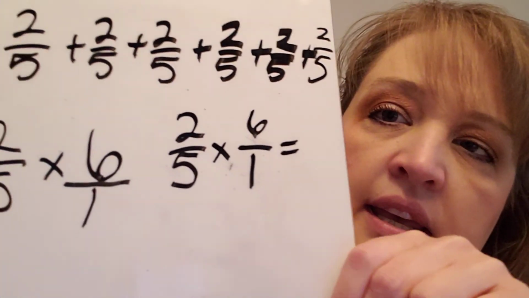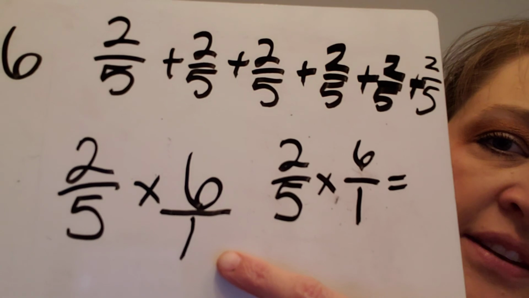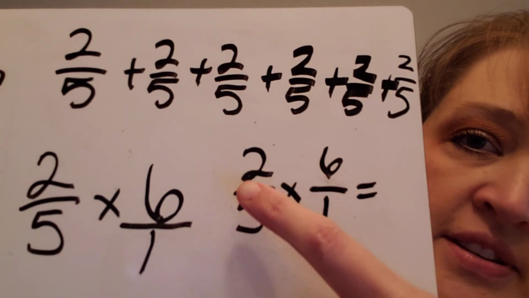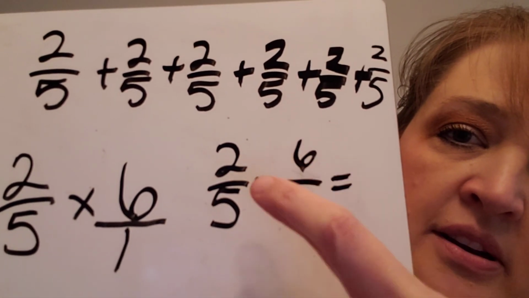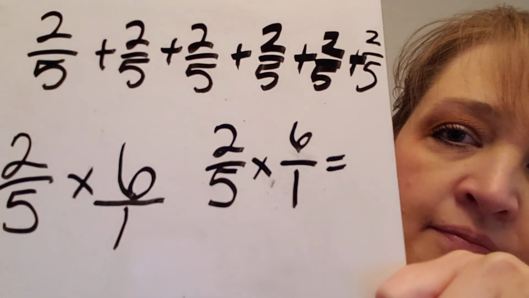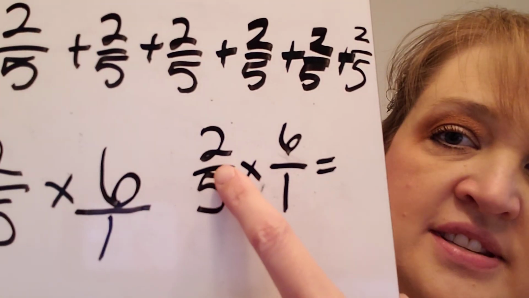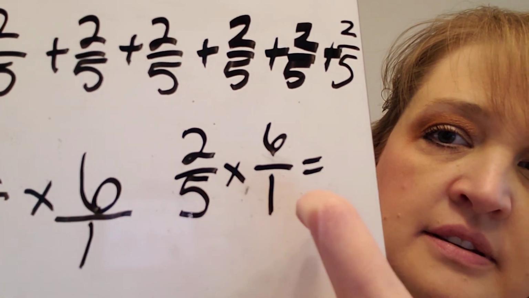So let me show you what I mean when I say I'm going to rewrite it, so that it looks like this. See how the 6 was kind of down farther? I just put this so the 6 is straight across from here and the 5 is straight across from the 1. Okay? Now, in order to multiply, all I have to do is just go straight across.